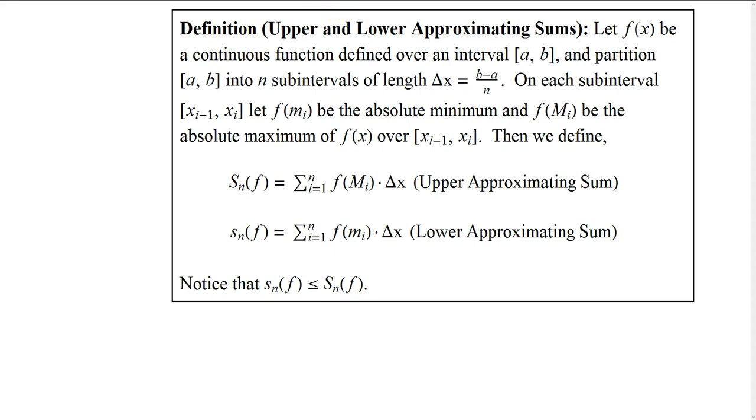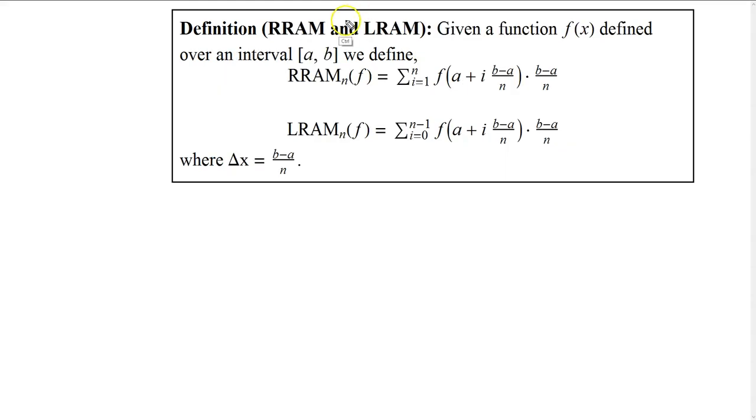Let's now take a look at this definition. So here's our definition for RRAM and LRAM. If we're given a function f of x defined over an interval [a, b], we define RRAM to be this quantity. Here we're evaluating the height of each rectangle at the right-hand endpoint. That's what this is doing because our index goes from 1 to n.